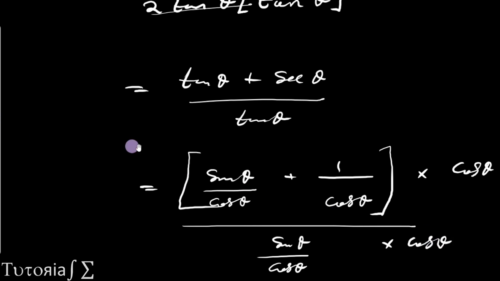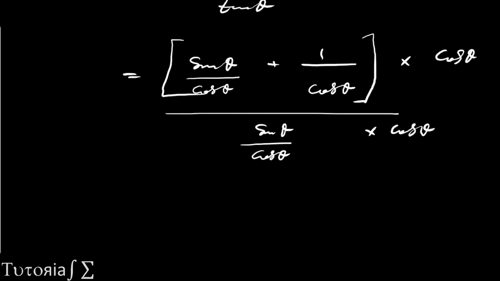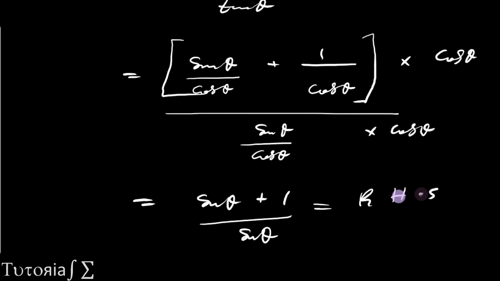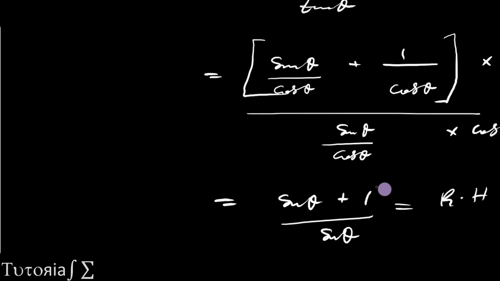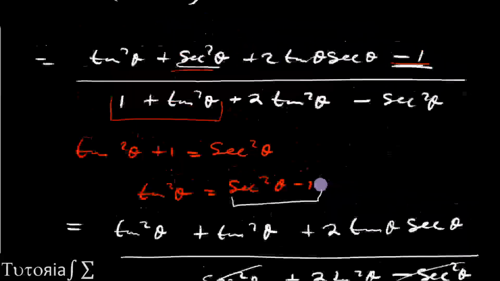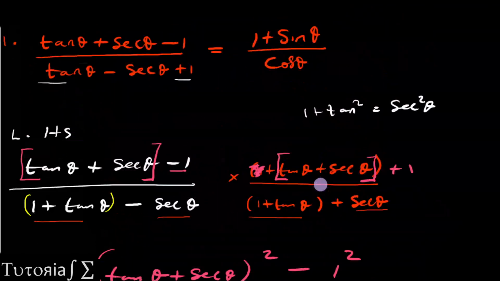So cos theta times this, the cos and the cos will cancel out, will remain with sine theta plus, cos theta times that will remain with 1 because the cos and the cos will cancel, and here we're just going to remain with sine theta, which is equal to the right hand side. Okay, so that is equal to the right hand side, which is what we're looking for here.